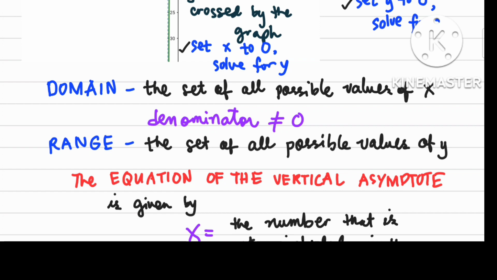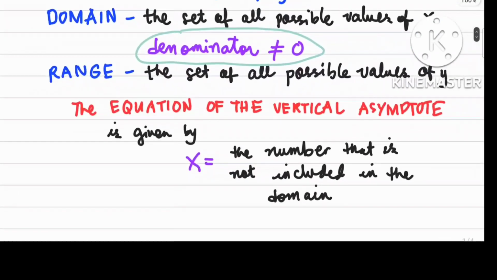We remember that when our function is rational, we don't want the denominator to be 0, because when the denominator is 0, it's like we are dividing a number by 0, and when we input that in our calculator, we obtain a math error, which means the number is undefined. While range refers to the set of all possible values of y.